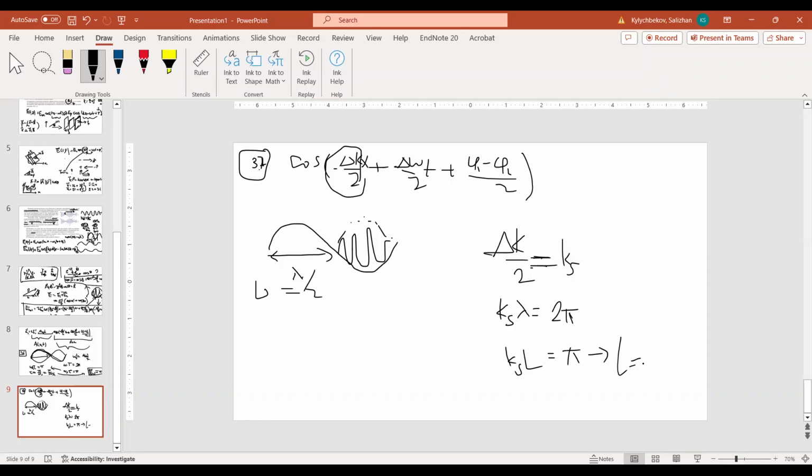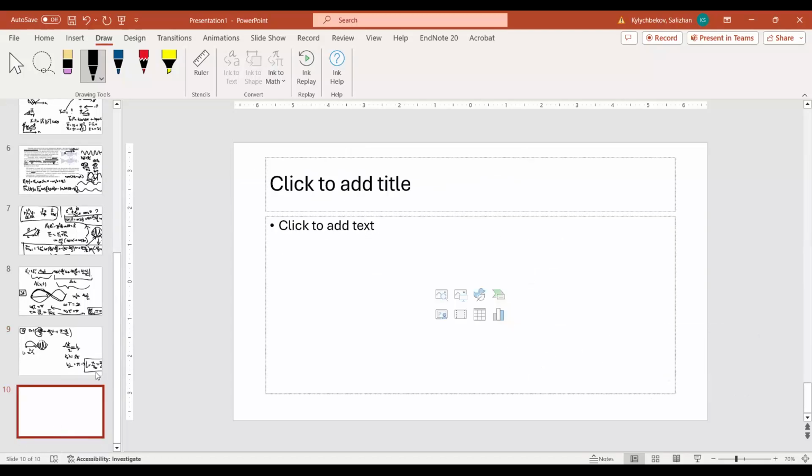L is pi over K slow. K slow is what? K slow is delta K over 2, да? So it's 2 pi over delta K, да? So far, so good. Biraz logikaмен шығардық.